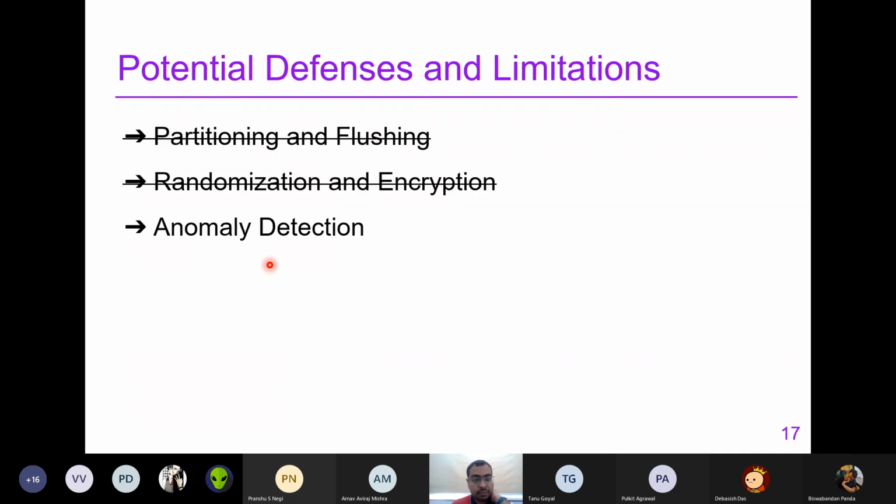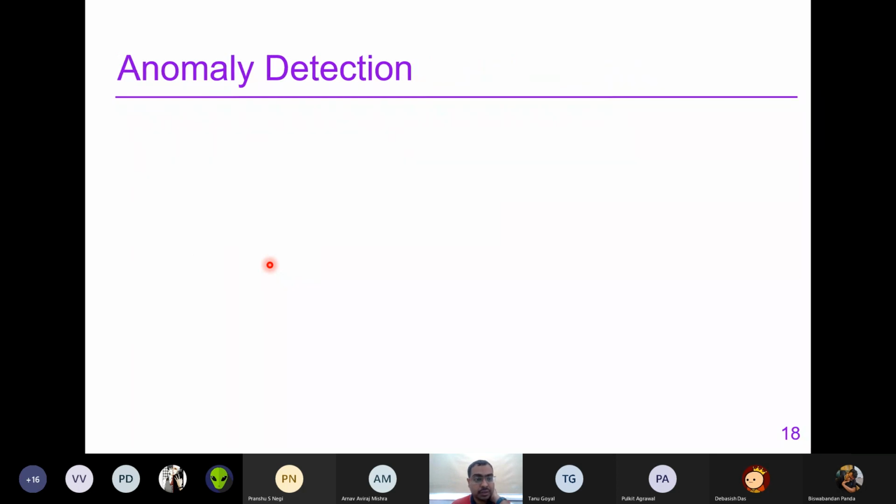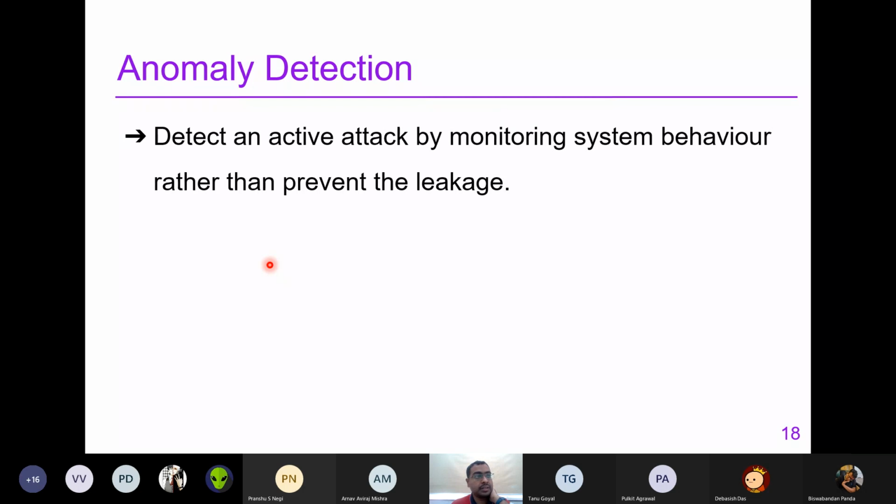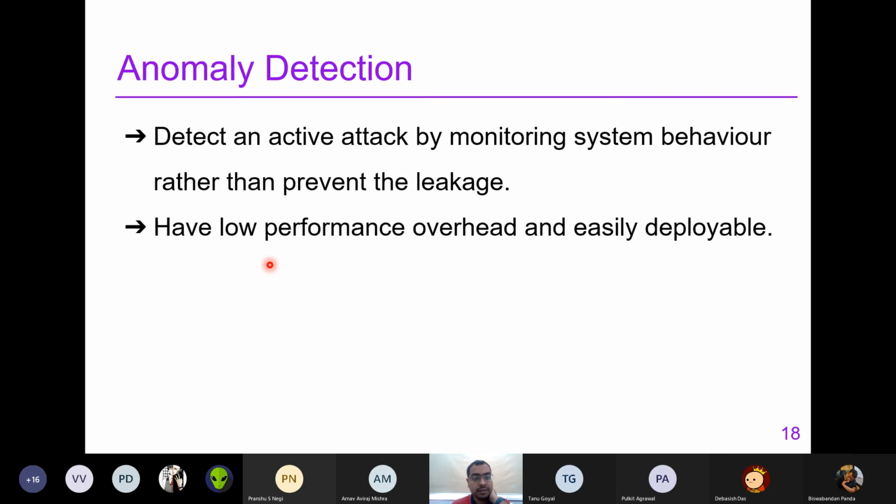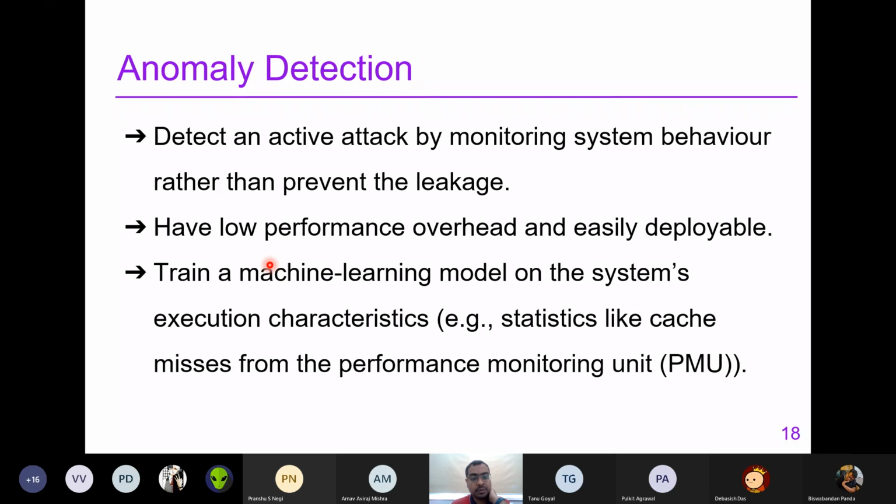And then the final one, anomaly detection. Instead of trying to prevent the attack, we are trying to monitor the system behavior and look for abnormal behavior. This has very low performance overhead and is easily deployable. Some machine learning model will be trained.